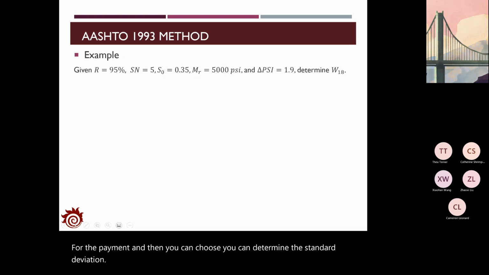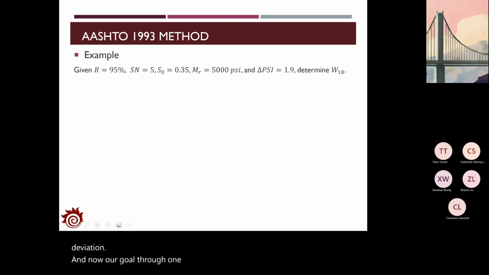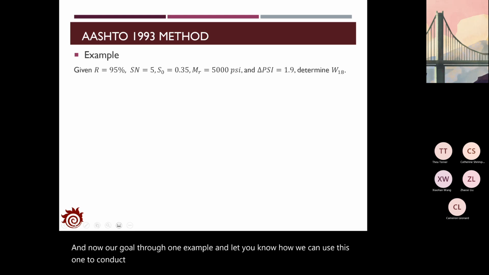And now I will go through one example and let you know how we're going to use this to conduct the design, to estimate the ESAL with the equation that we just showed.